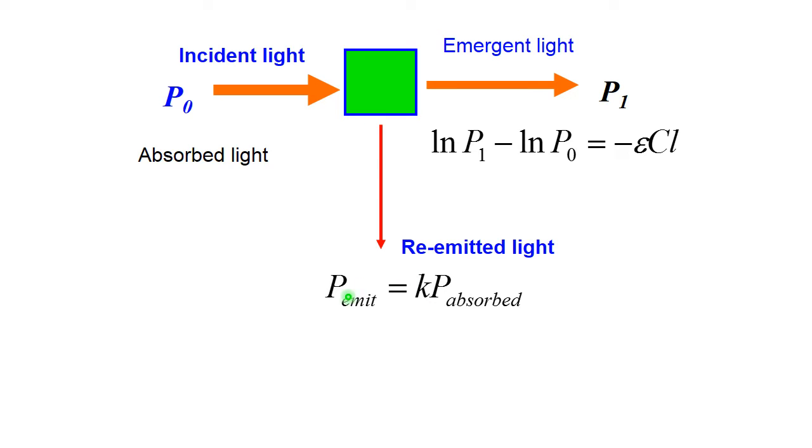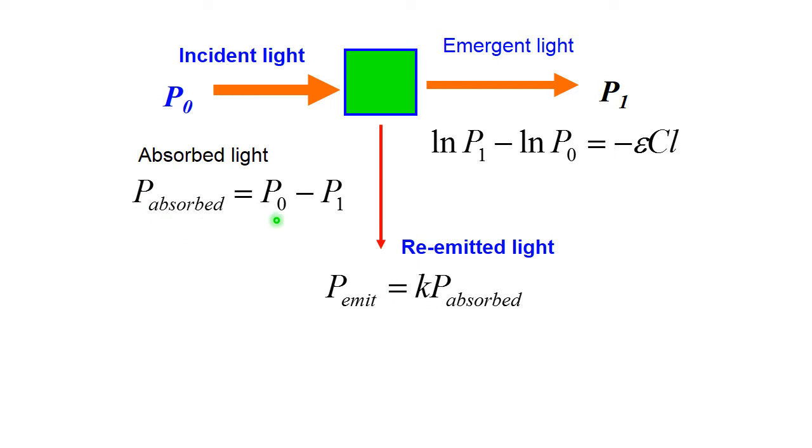Re-emitted light will be the absorbed light in the cuvette times some coefficient of proportionality. It's not quantum yield because photons are flying in any direction from here, and we are collecting only a small fraction of them. So it's just a coefficient of proportionality.